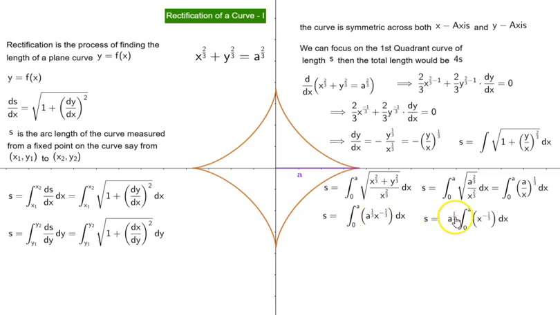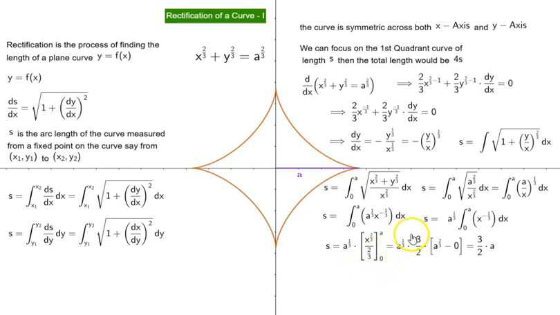a to the power of 1 by 3 is a constant, so we take it out of the integral. And we have a to the power of 1 by 3 integral from 0 to a of x to the power of minus 1 by 3 dx. Now we integrate. So a to the power of 1 by 3 times x to the power of minus 1 by 3 plus 1 by minus 1 by 3 plus 1, which gives us a to the power of 1 by 3 times x to the power of 2 by 3 by 2 by 3 from 0 to a, which is equal to a to the power of 1 by 3.